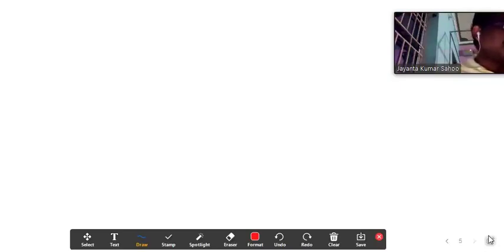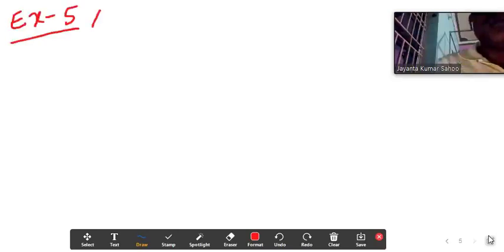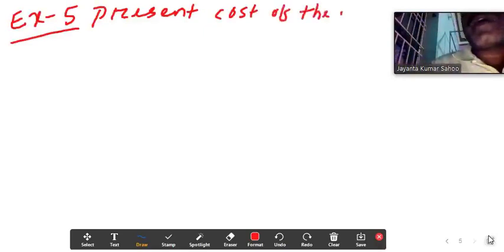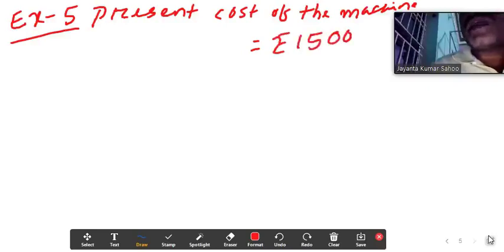If the present cost of the machine equal to rupees 1500 and depreciates in every year.